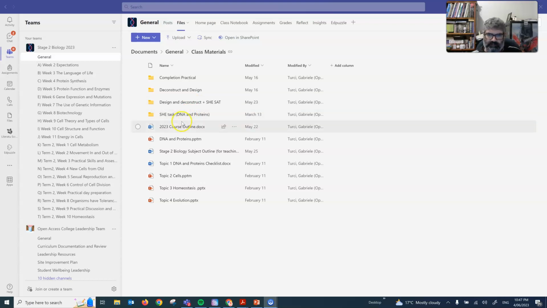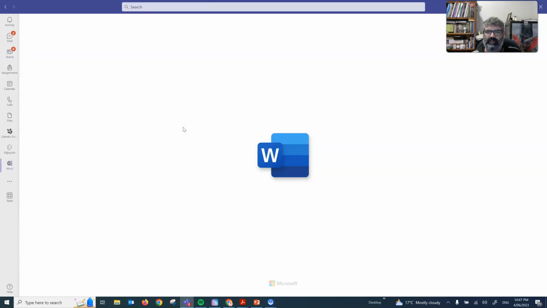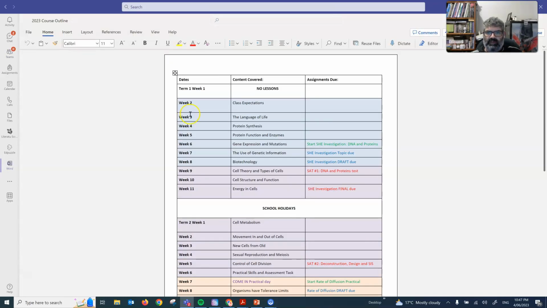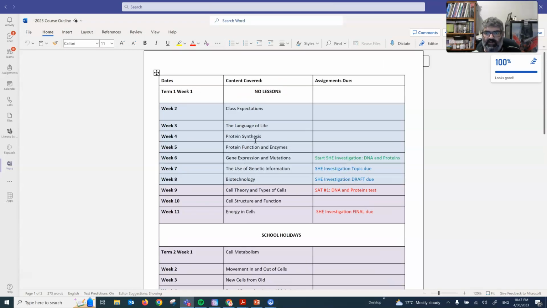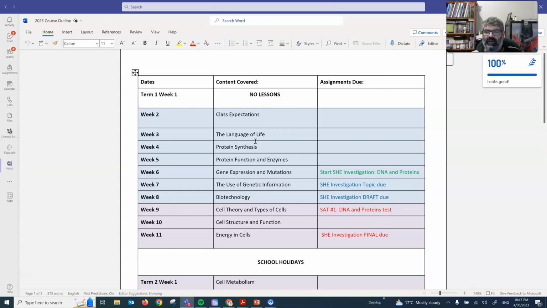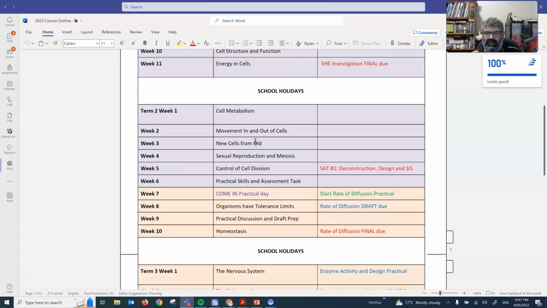So the course outline. We've been following it pretty well in term one. We were virtually 100% on it. Term two, we've deviated a little bit. So this week 6, we should just be talking about some assessment tasks and practical skills in preparation for next week, which is the practical come-in day on the Friday, and that's super important.